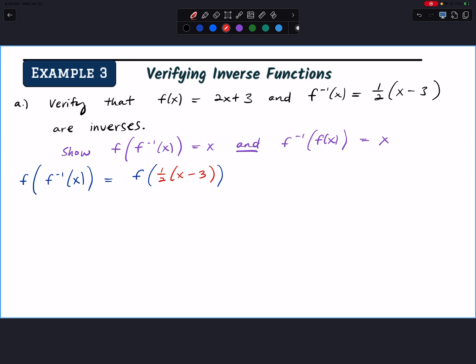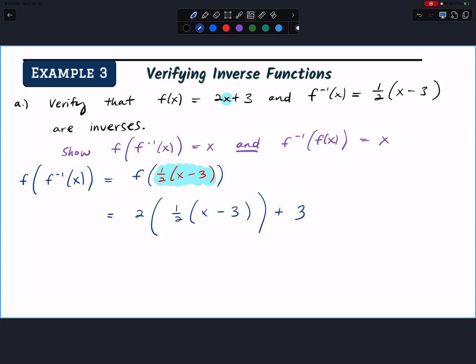Okay, so remember that means that wherever I see an x in f, I'm replacing it with the inverse function. So this is going to replace that. So this will equal 2 times 1/2 times x minus 3 plus 3.